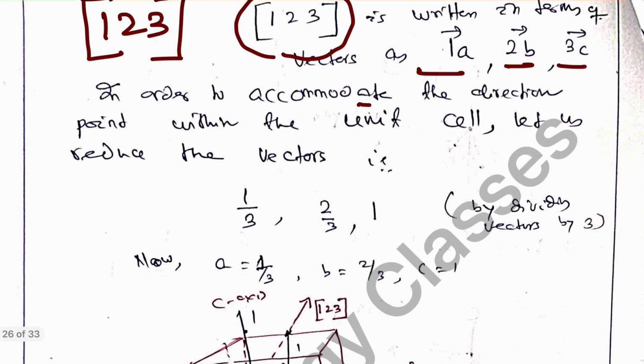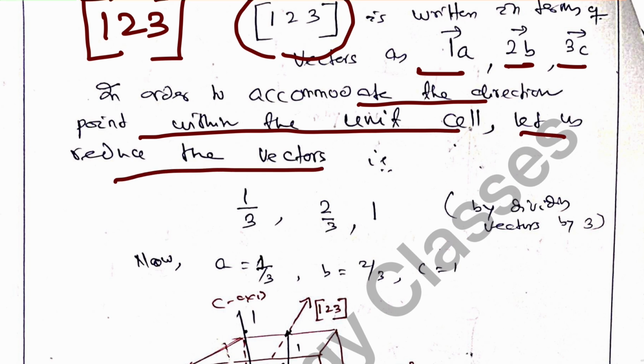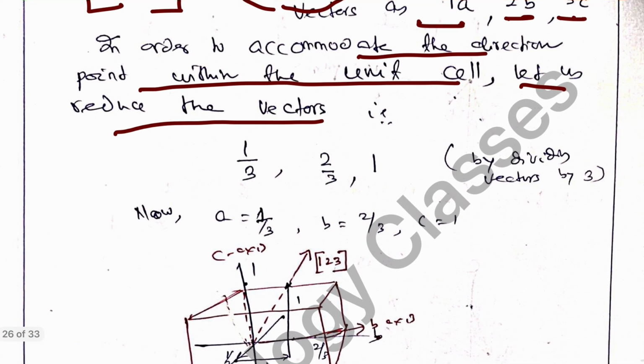In order to accommodate this direction, point within the unit cell, let us reduce the vectors, because it becomes 3 unit, 2 unit, 1 unit. We have to reduce it so that it can be accommodated within the unit cell.